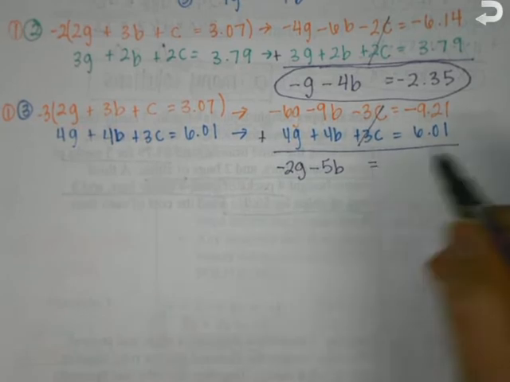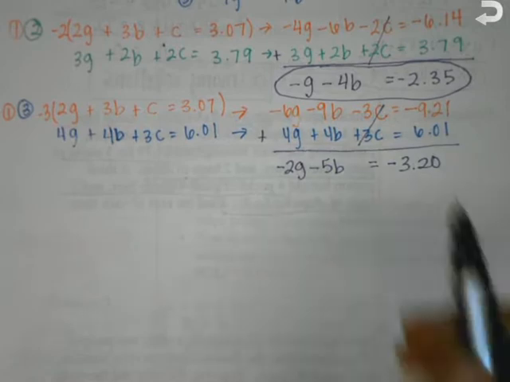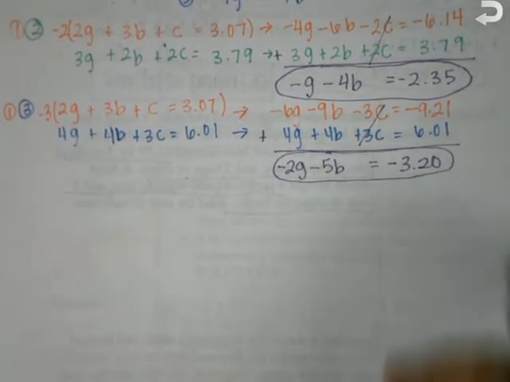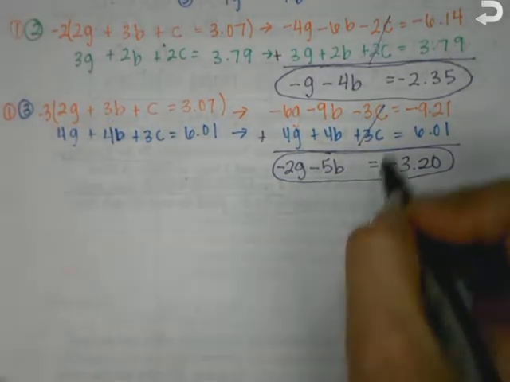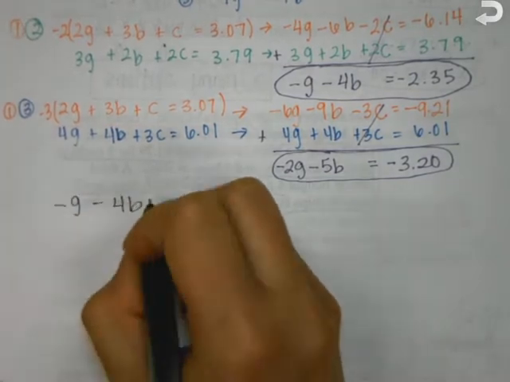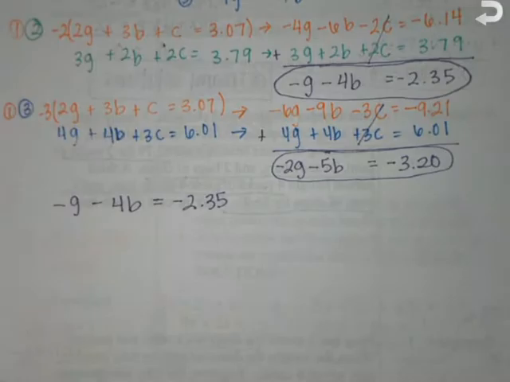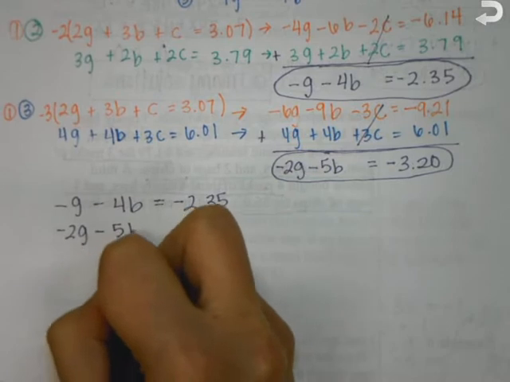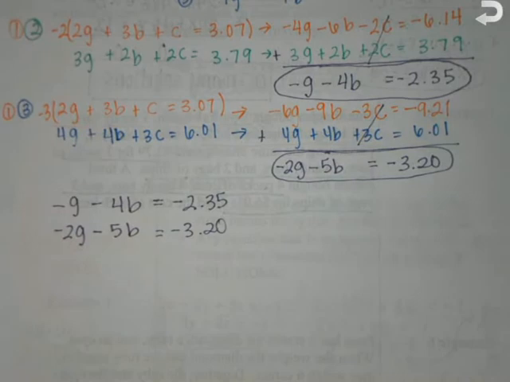Alright, so we have, I'm going to pair these two now, negative G minus 4B equals negative 2.35, and negative 2G minus 5B equals negative 3.20. Okay, looking at these two equations, our two new ones, what variable you guys want to eliminate?